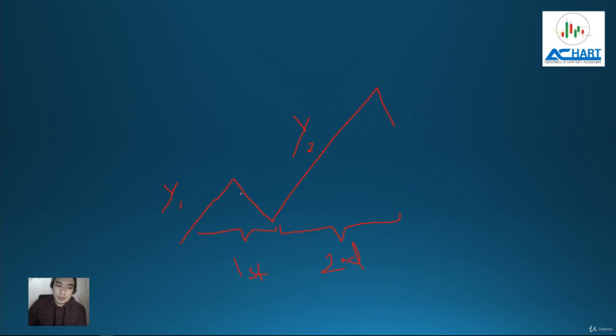We are comparing both of these lines. If in the first loop the seller retraces more than 50% of the demand line, which is price trend one, at the second loop the retracement is not more than 50% of demand line number 2.